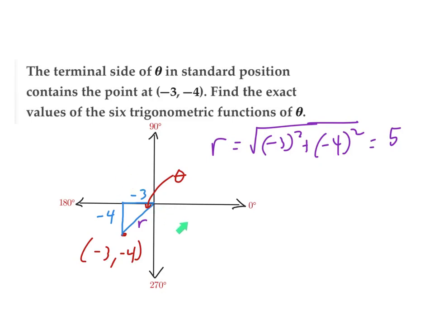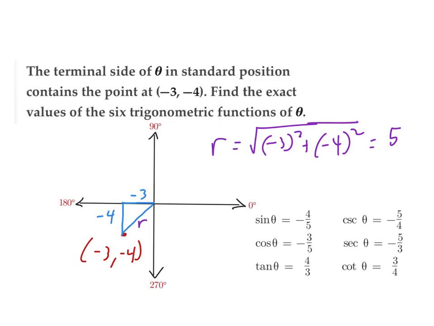Where x is positive and y is negative, the cosine is positive and the sine is negative. So it has to do with where the terminal side of the angle in standard position ends up, which quadrant it ends up in. The trig function is impacted by what quadrant the terminal side is in. In this case, since they're both negative, we know the sine will be negative and the cosine will be negative.